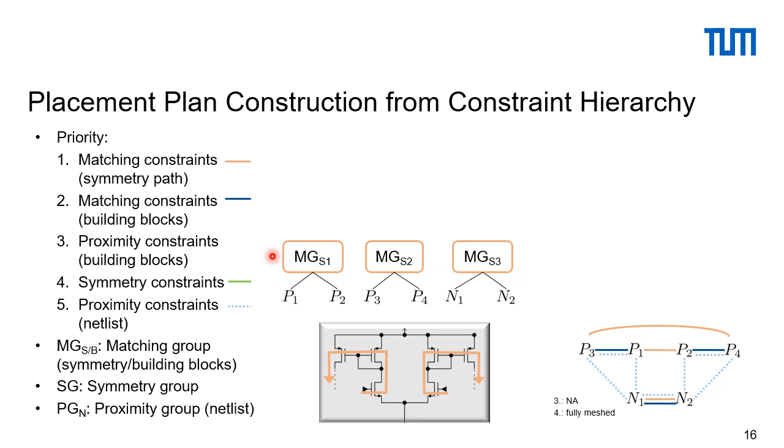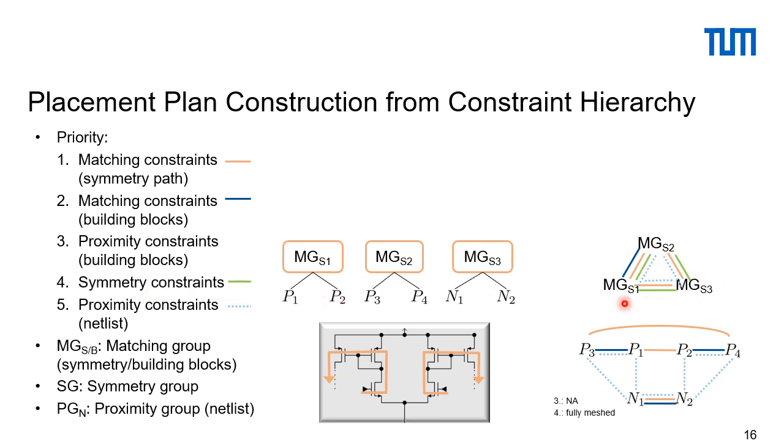Now the constraint graph for those three matching groups looks like this. So P1 and P2 is a group, P3, P4 is a group, and there is still the matching constraint, the blue line between those two matching groups. The rest is fully meshed, and now we additionally draw the symmetry constraints for them.